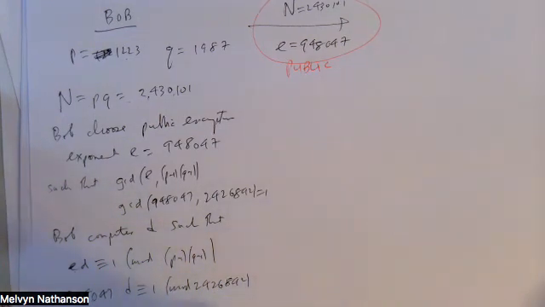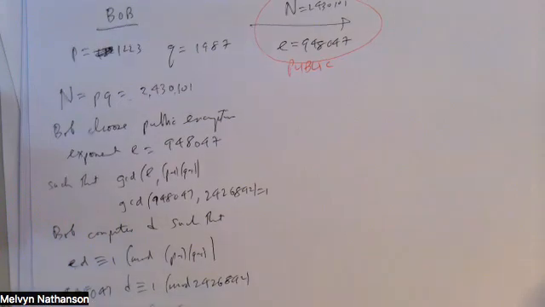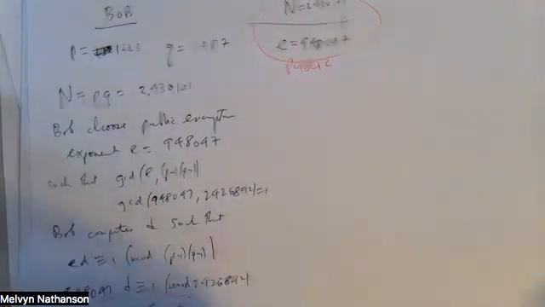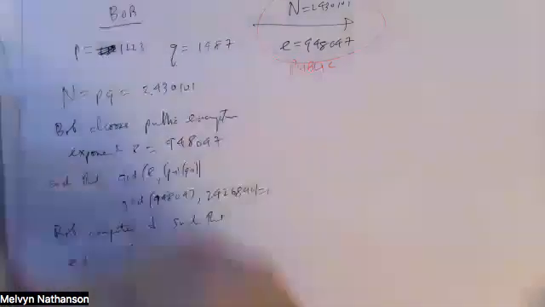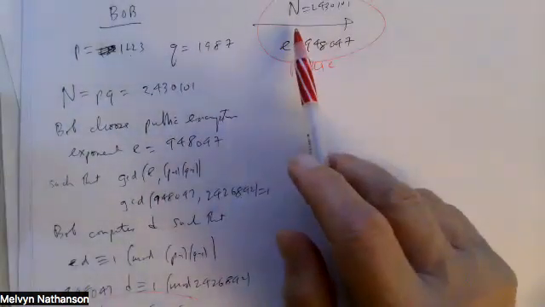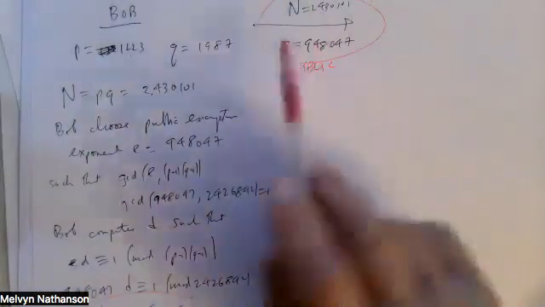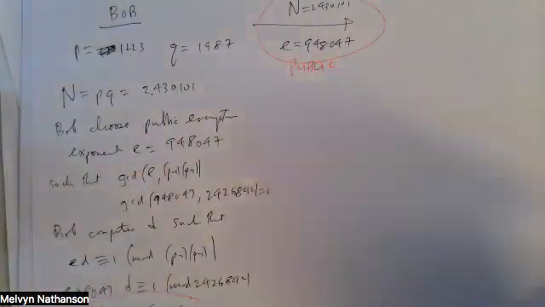And the number D with this property is 1,051,235. Only Bob knows this, and Bob knows it because he knows P and Q, so he knows P minus 1 and Q minus 1, and he can solve this congruence. So Bob has done all of this. The numbers he publishes to the world are just N and E, not P, not Q, not D.